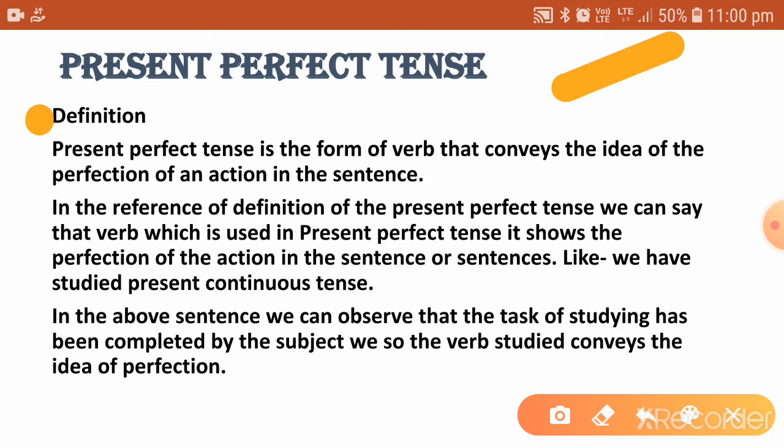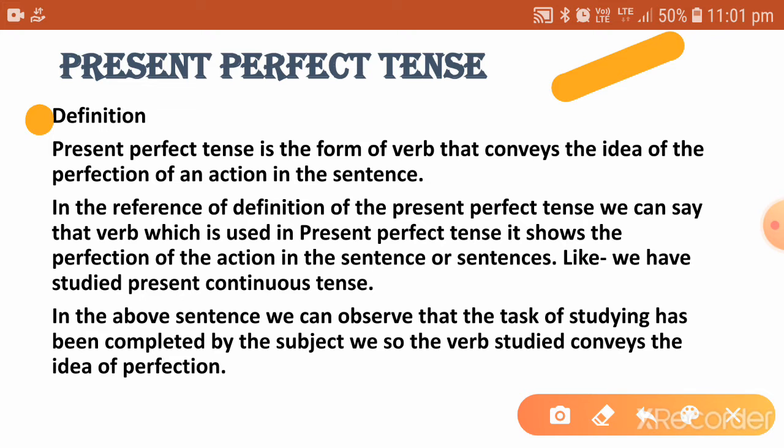If you have been reminded about the definition of tense, tense is a form of verb. That's why here present perfect tense is also a form of verb. This verb conveys the idea of the perfection of an action in the sentence. Students, but you have to keep in mind, this is the perfection of present tense.